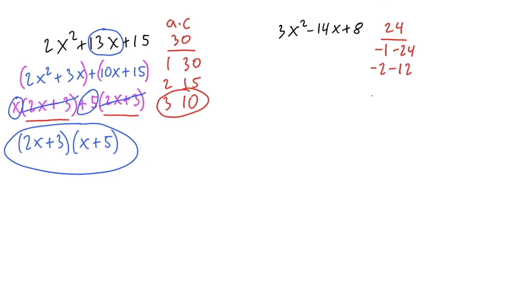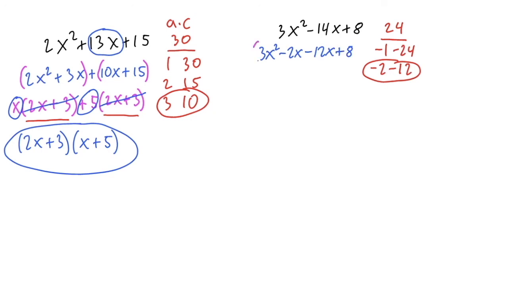And in this case, I found one that works pretty early, -2 and -12. So I split that up. So I have 3x squared minus 2x minus 12x plus 8.